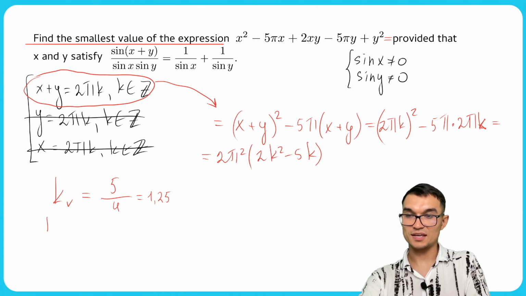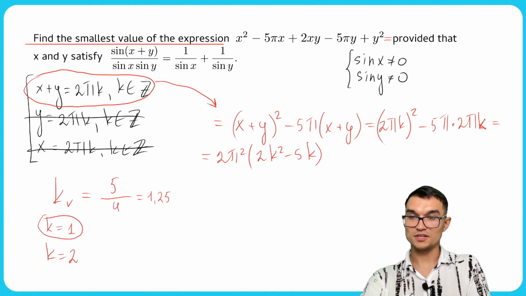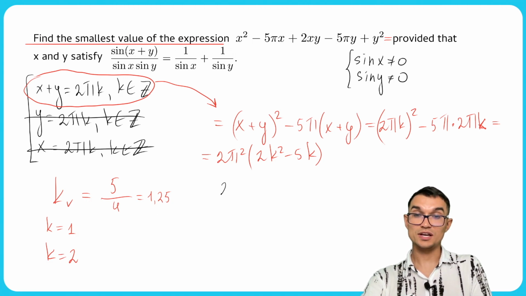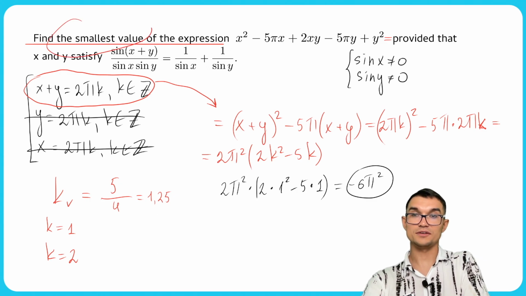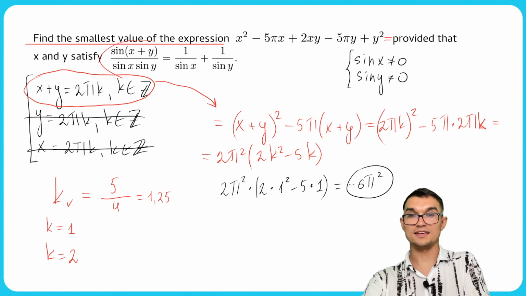And we have to plug k equals 1 and k equals 2, but obviously k equals 1 is closer to the vertex, so we only have to evaluate that. So at the end, we will have 2 pi squared times 2 times 1 squared minus 5 times 1, which is equal to minus 3, and we have the answer minus 6 pi squared. So that's the smallest value of the expression provided that equation.